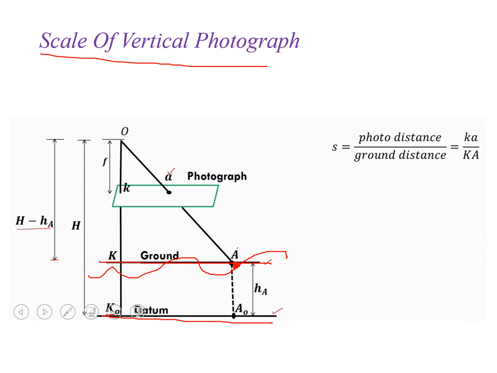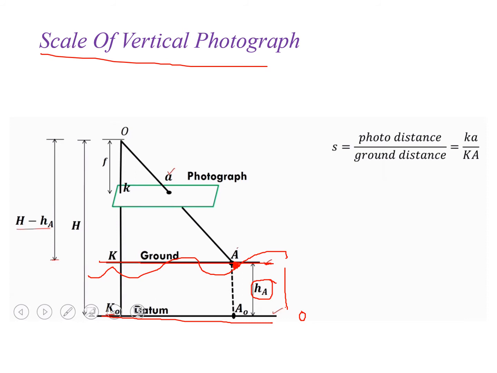If this is 0 RL and this is some different RL, let us say 50 meters, then HA is the height or elevation above the datum. What is the 50 meters RL? It is nothing but the elevation of that point A on the ground.